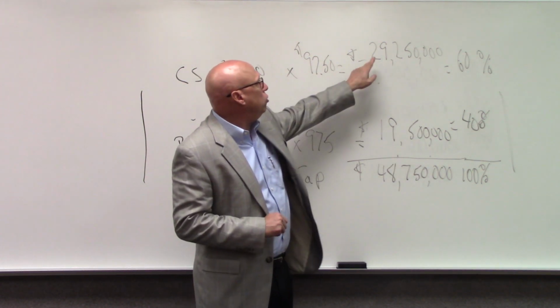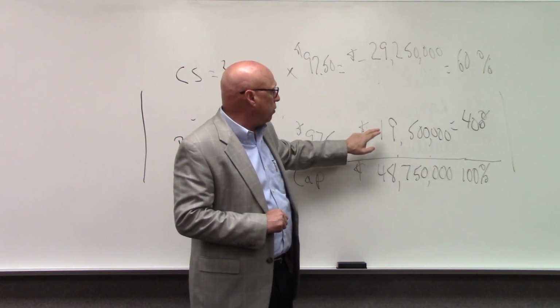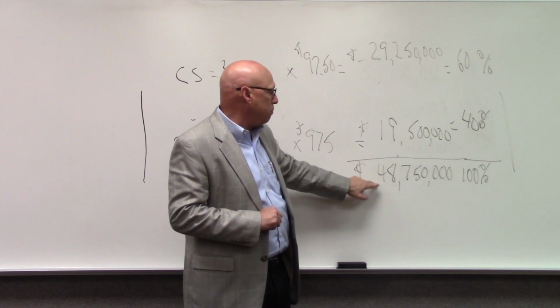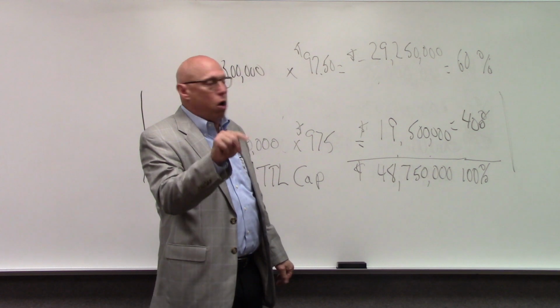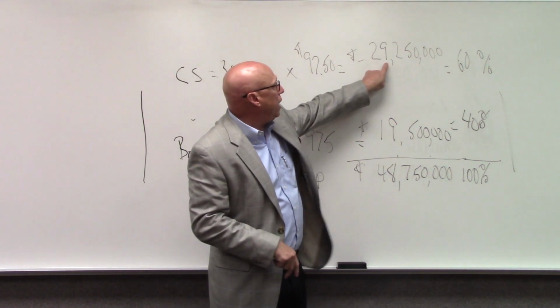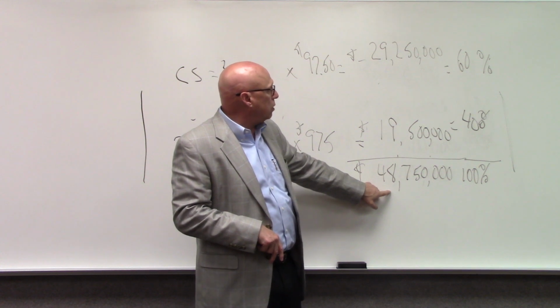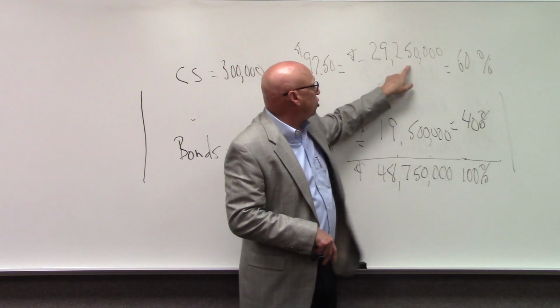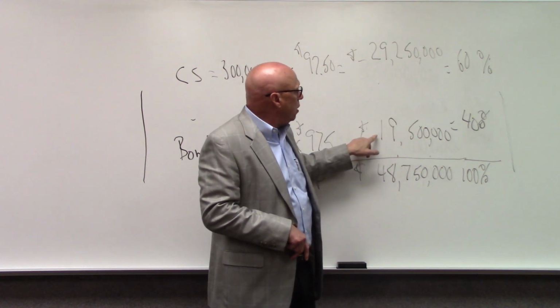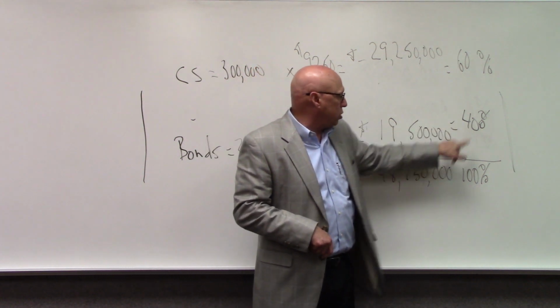I believe that you will be able to add the market value of your stock with the market value of your bonds, and you'll get 48,750,000. I believe that it is not beyond your capability to divide the market value of the stock into the total capital to get the percentage that is stock, and to divide the market value of your bonds into your total value of capital to get 40%.